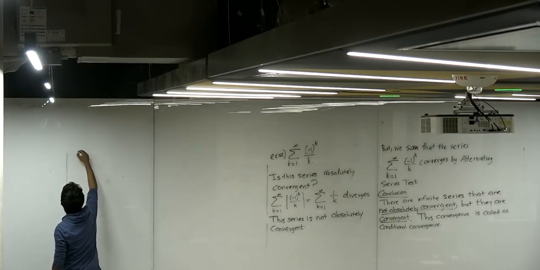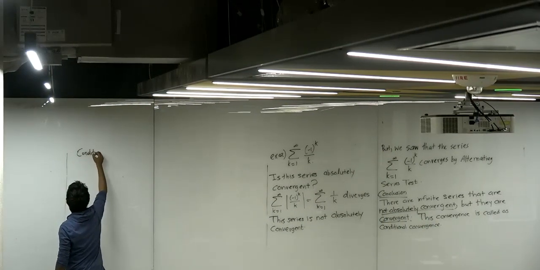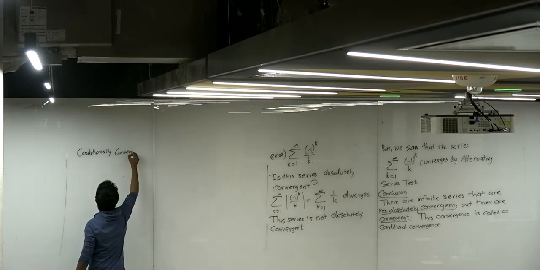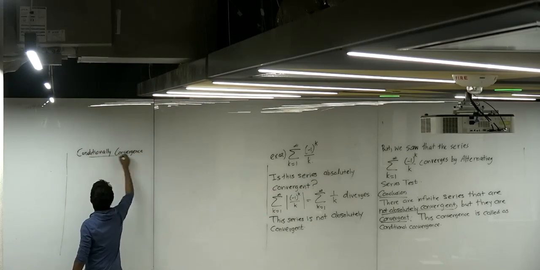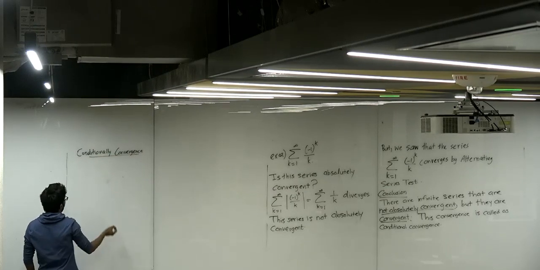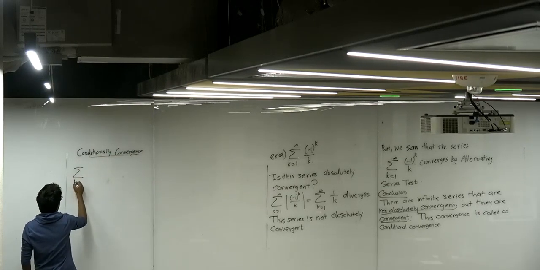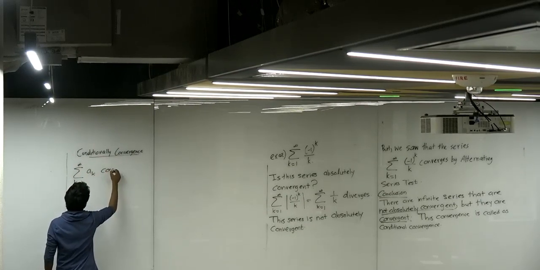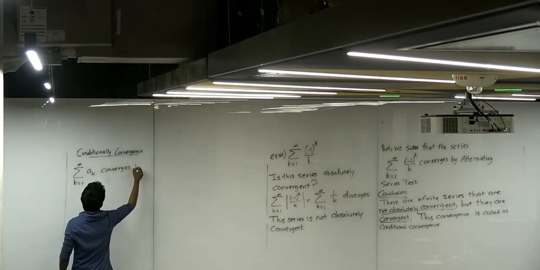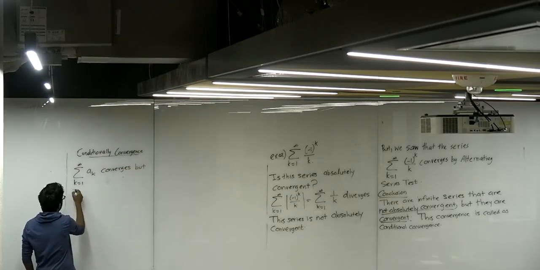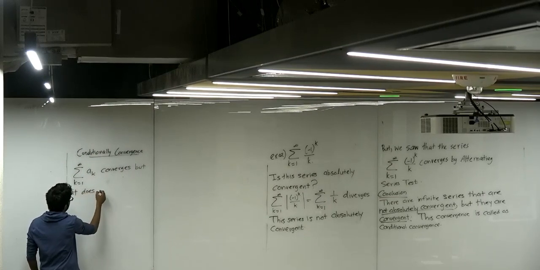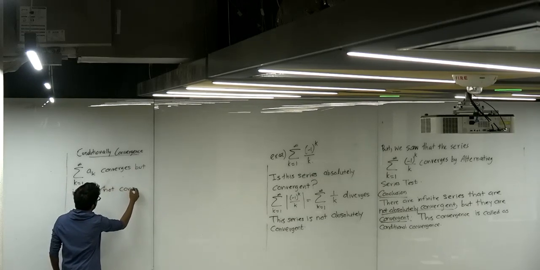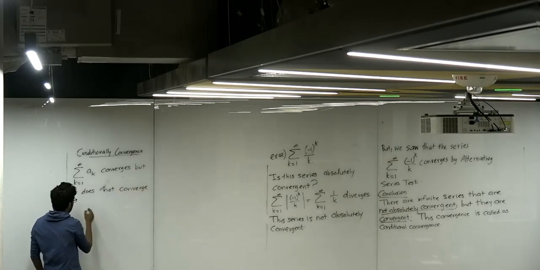The idea is you have an infinite series that converges, but it does not converge absolutely.